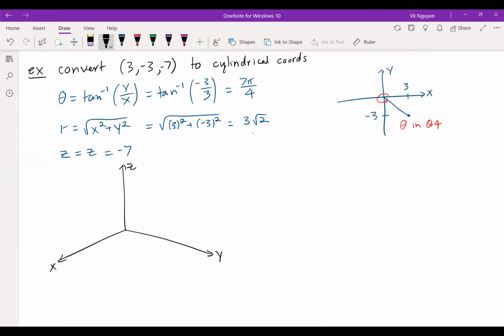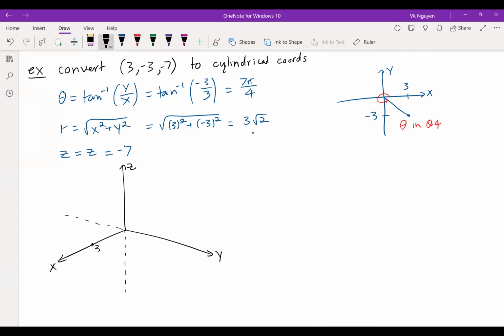Okay, so x equals 3, y equals -3. So there's 3, -3 somewhere right here. And then z is negative, so it goes down here.